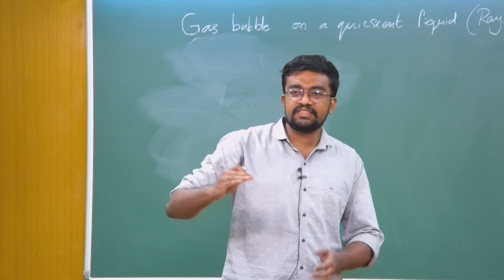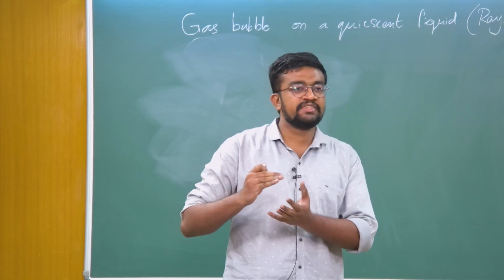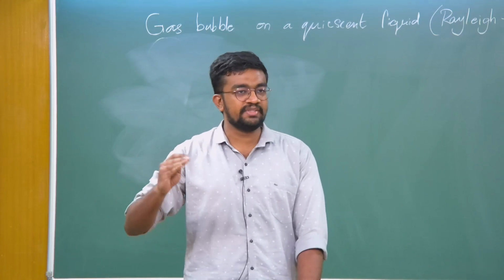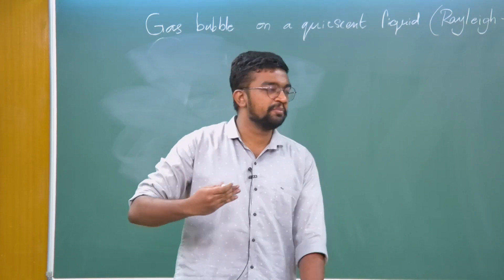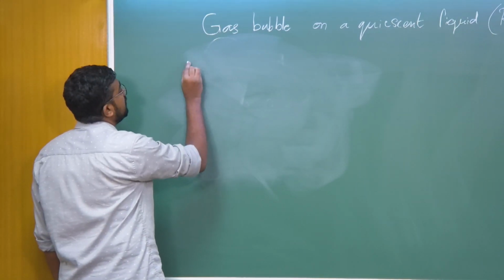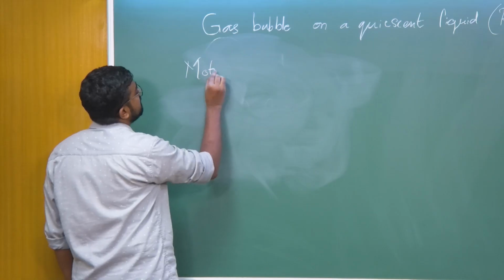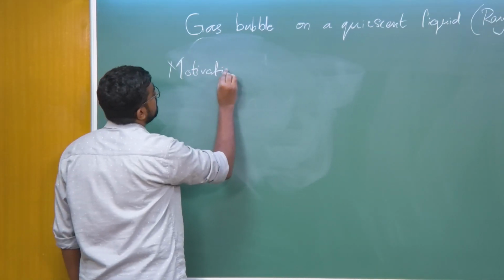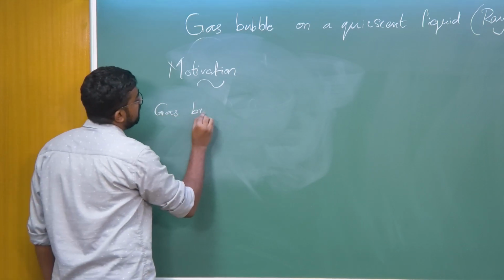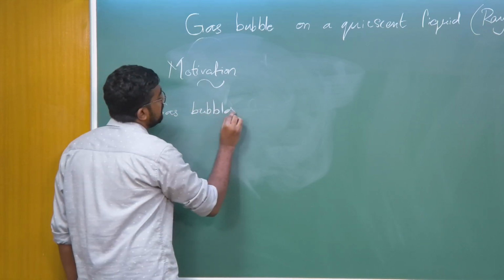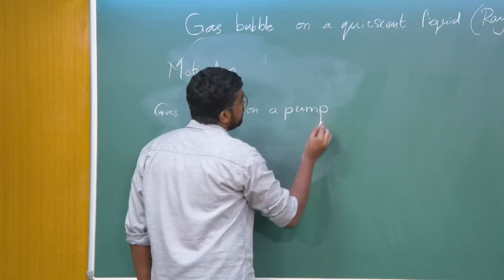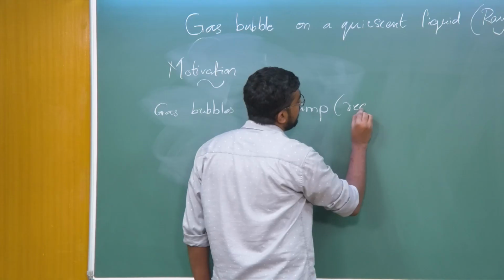When the machinery moves, the far field pressure will oscillate with a certain amplitude and frequency according to the motion of the pump. Motivation: gas bubbles on a pump, preferably a reciprocating pump.